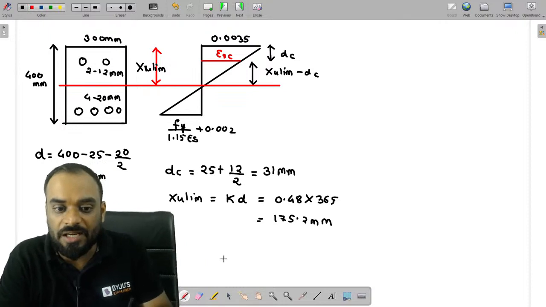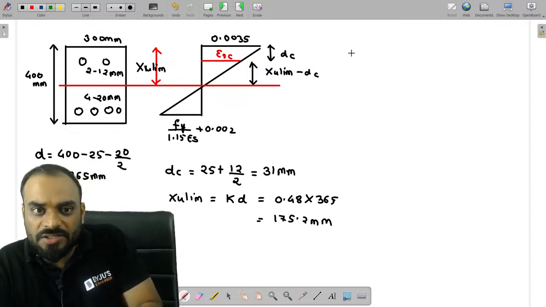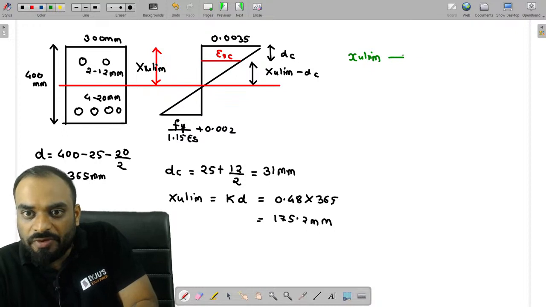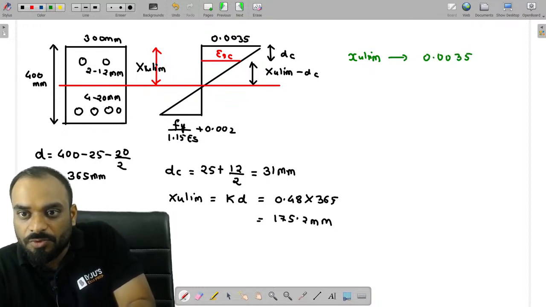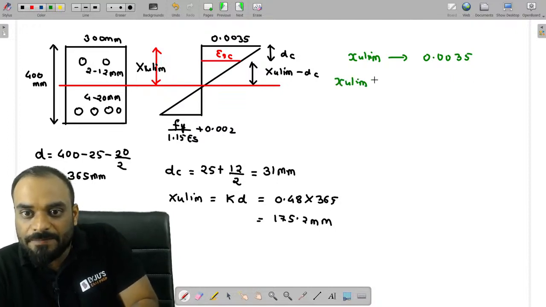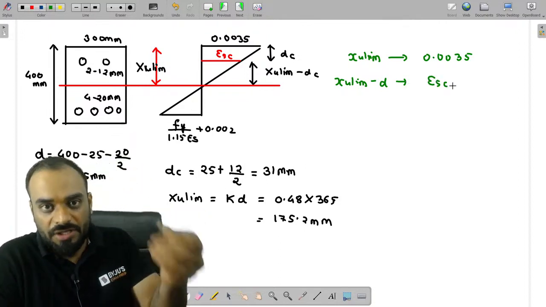Now, guys, after calculating xu limiting, we need to calculate the value of ESC. Can I say that when you have xu limiting, the value of strain is equal to 0.0035. But when we have a value of xu limiting minus dc, then the value of strain is ESC. Just cross multiply it, you will get the answer for ESC.